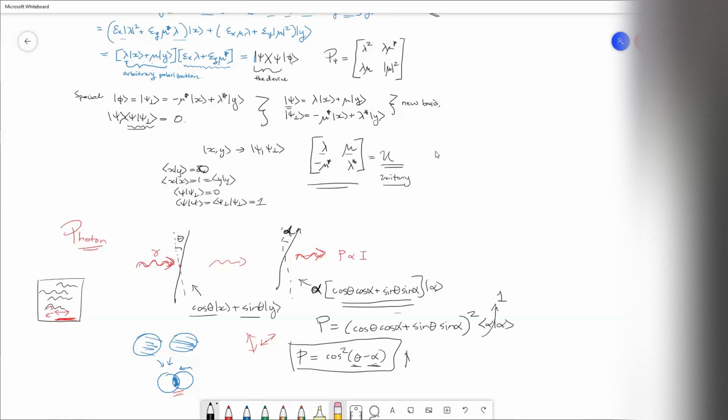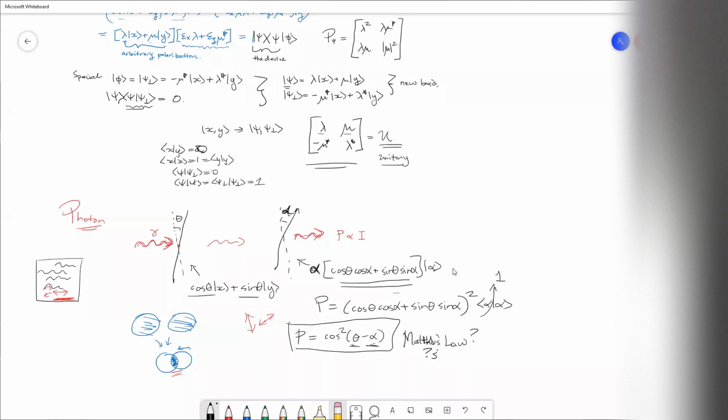And this is called Malus's law. I don't know how to spell it, but that's Malus.